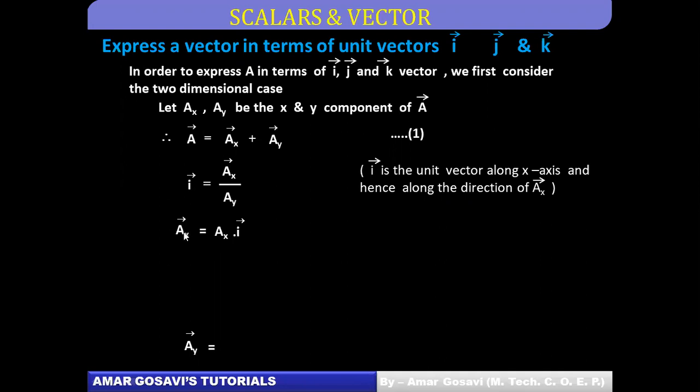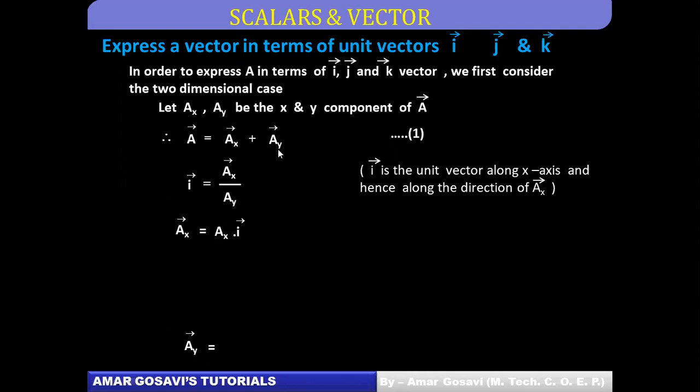So now instead of ax bar, here in this equation 1, I can substitute it as ax i cap, because if I remove the bar, then i cap, which is the unit vector along x-axis, would be denoting the direction along x-axis.